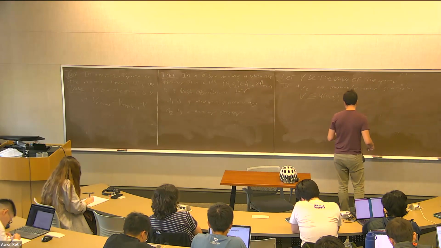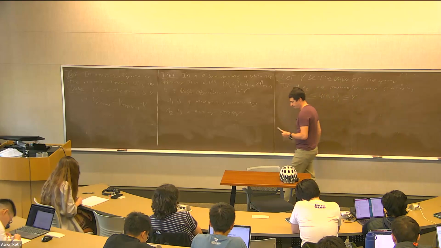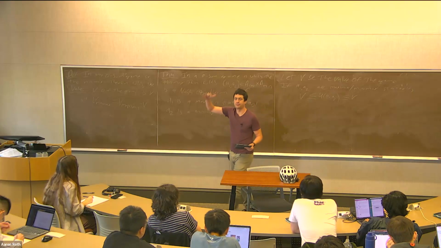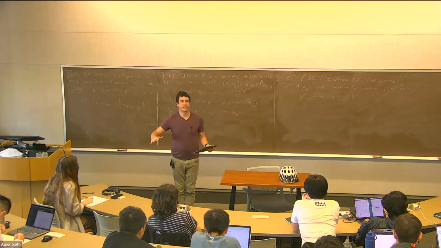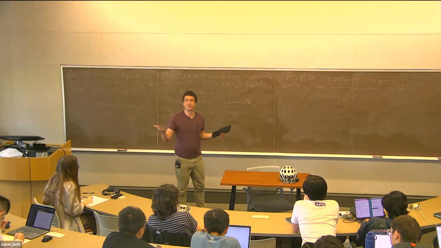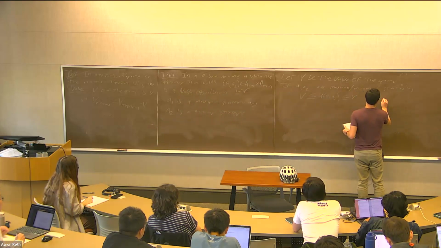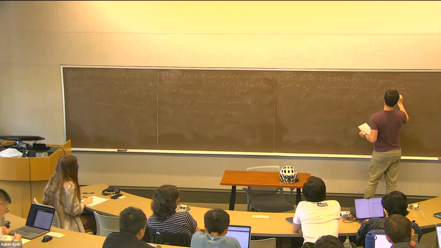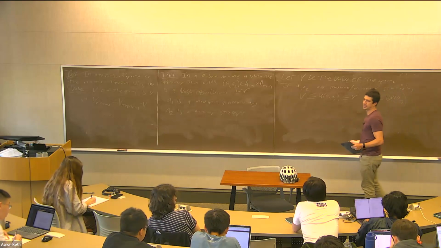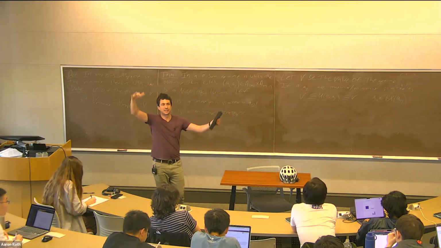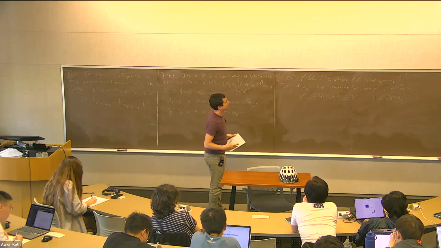Okay, but since min is playing a minimax strategy, which forces the payoff below V, and yet we as max are obtaining payoff at least V, that means that A1 must be a best response to A2, because A2 is forcing payoff to be at most V, and yet we're obtaining payoff at least V. So we're best responding to min.